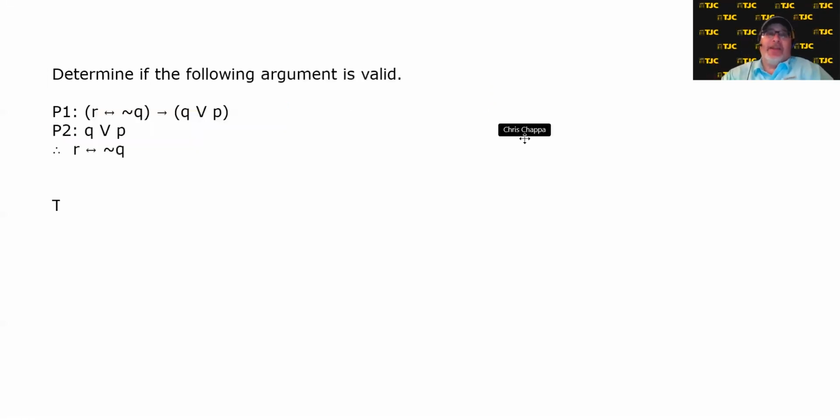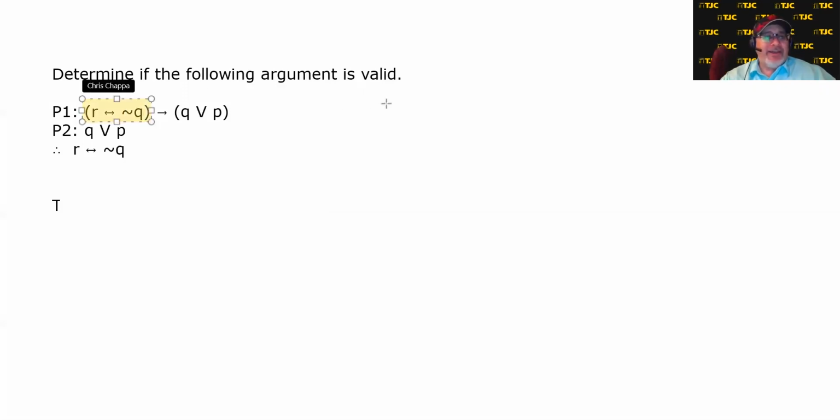Let's take a look at a symbolic example, which is a lot more disguised because you have a bunch of junk thrown into these premises. But look closely at the structure of the argument to go, this might be something I can connect to a common argument form, whether it's valid or invalid. Notice that the first premise is a conditional. And as a consequence, its antecedent and consequent might be elsewhere in the argument.